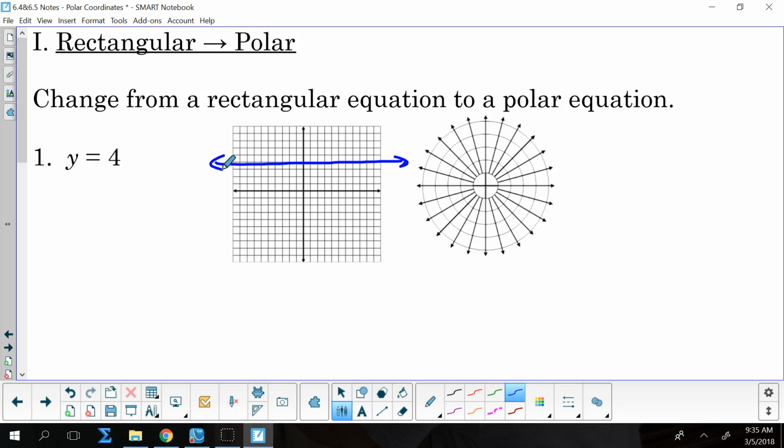When we graph it in a polar equation in a couple of minutes, what's it going to look like? I assume that it would be a circle at 4. A circle? What's it going to look like?